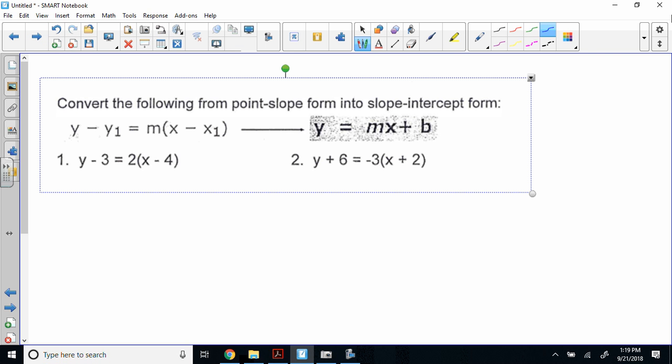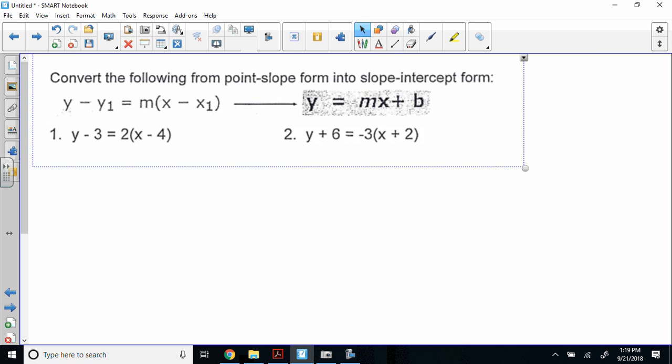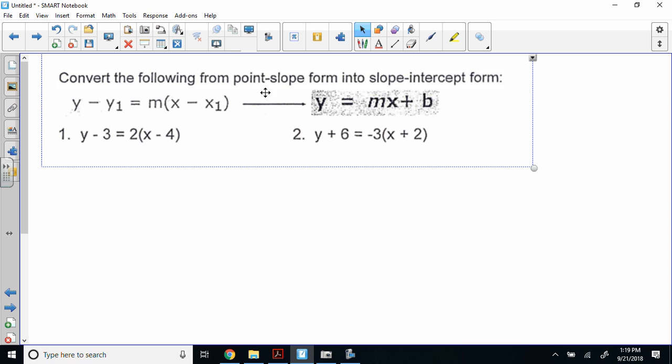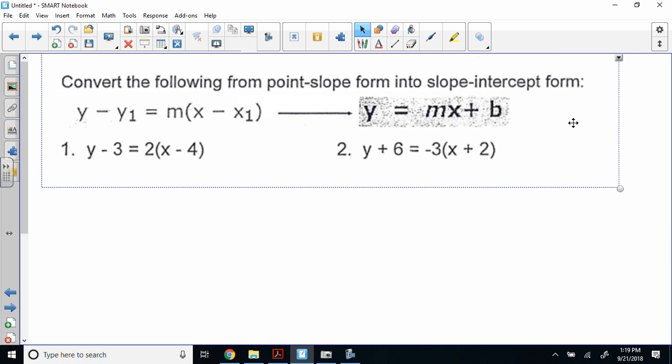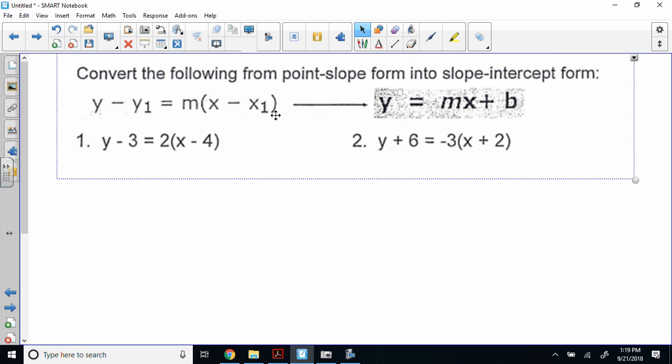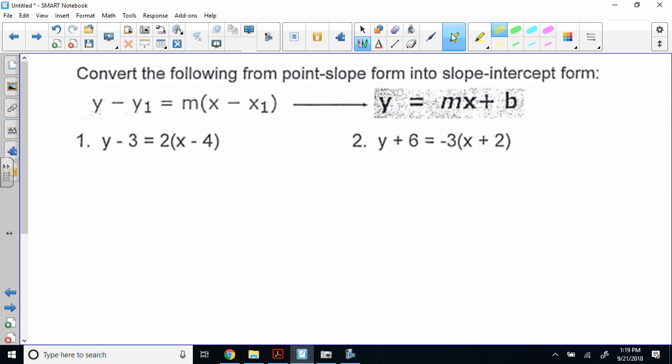Now, here we go, ladies and gentlemen. Convert the following from point slope form into slope-intercept form. Now, I want to show you something. There's a lot of mathematical understanding that you can get from these two equations. See the one on the left? I'm going to highlight it.